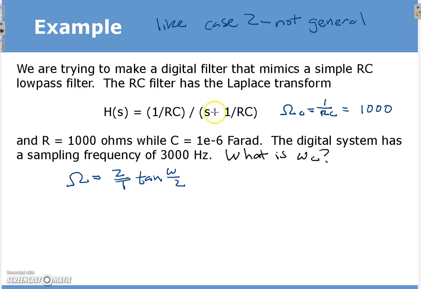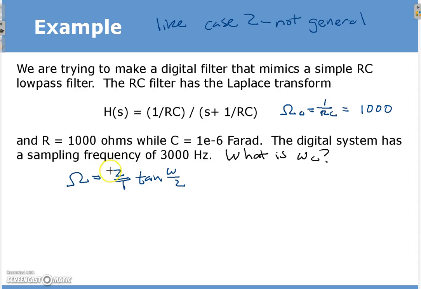Okay. So what we can do first of all is ask, for this kind of RC filter, what's the cutoff frequency? 1 over RC, and you plug in this times this, 1 over, gives you 1,000, which means the frequency is actually 1,000 divided by 2 pi in hertz. But we're working in this omega, which is 2 pi times frequency, so it's 1,000.